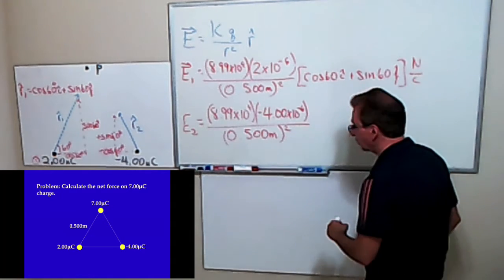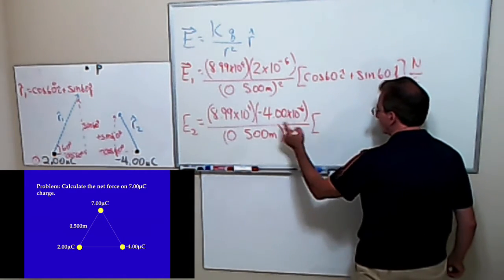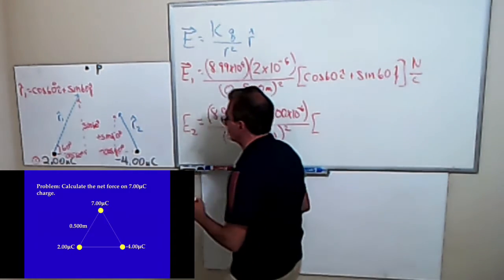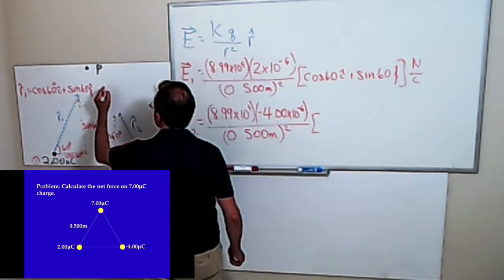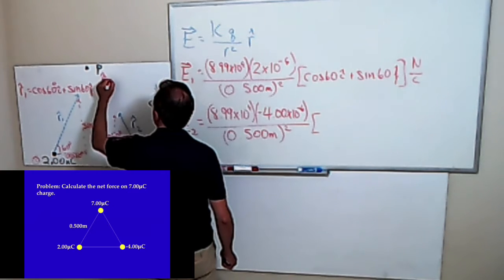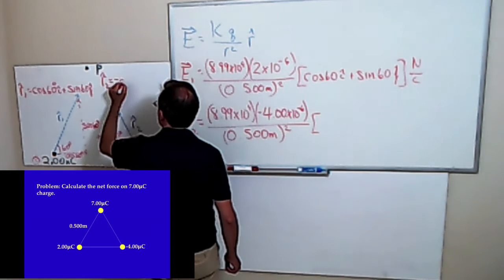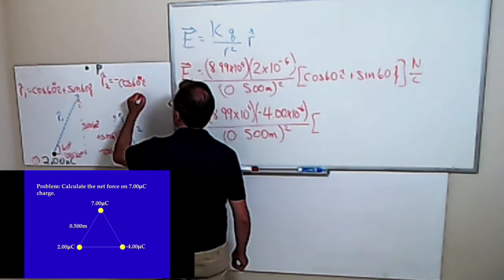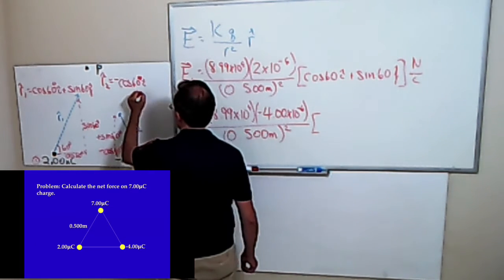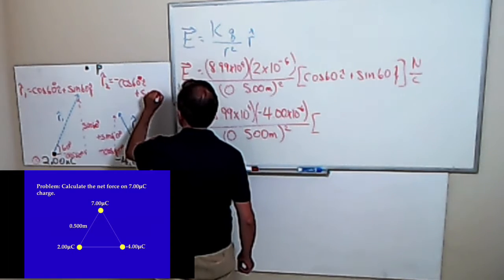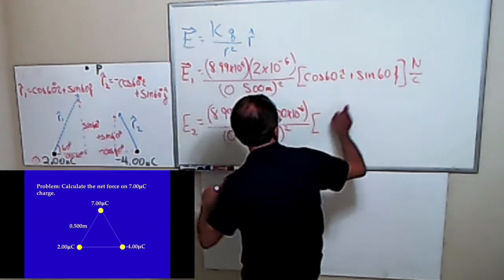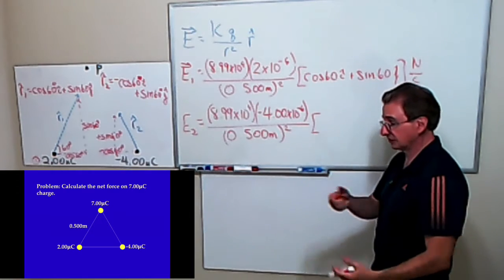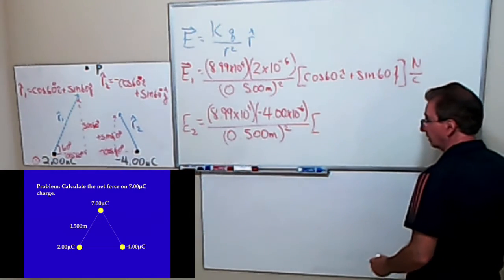When you distribute the minus sign through into the unit vector for R2, which I'll write here, minus cosine 60 degrees I hat plus sine of 60 degrees J hat, it'll actually give me the direction of the field.